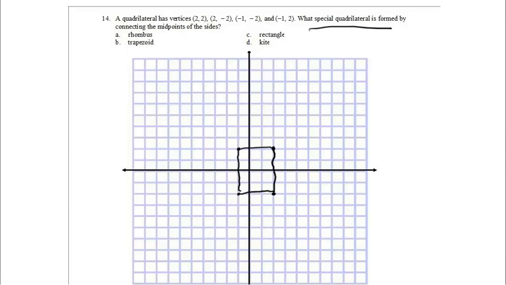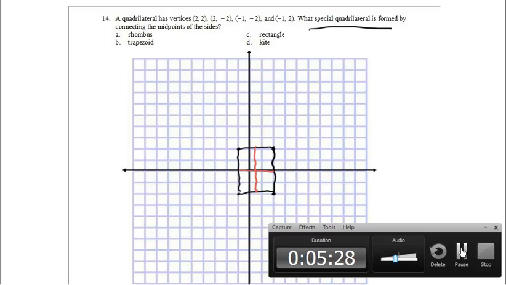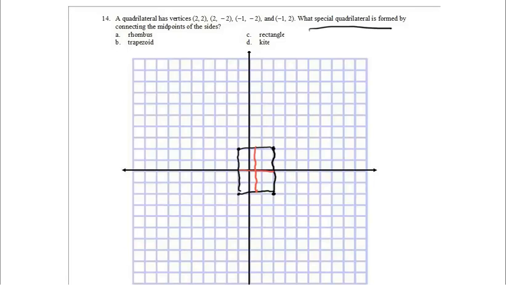So change colors here. Connect the midpoints. Of course here, midpoint's going to be here. That's not right. Hold on a second. Let me back that up. Well, in this example, we need to find the midpoints.